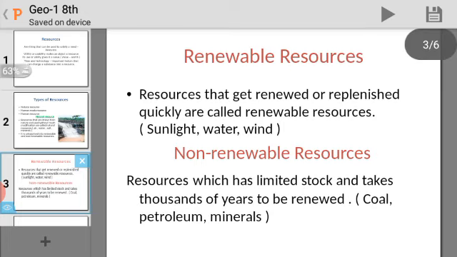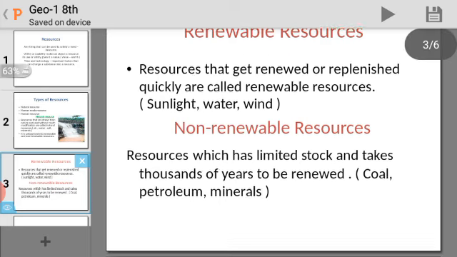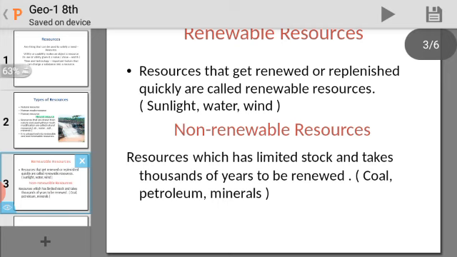They won't get finished, like sunlight, water, wind. These are all things we can use continuously. For lakhs of years our ancestors used them, we are using them, and in future too the next generation will use them, but they will not get exhausted. So we can call them renewable resources.